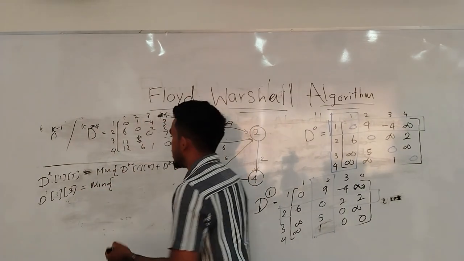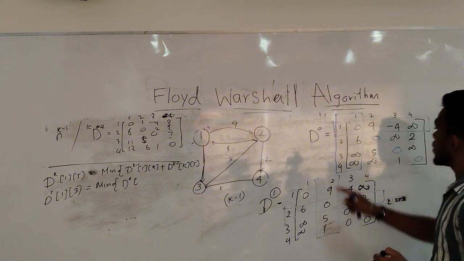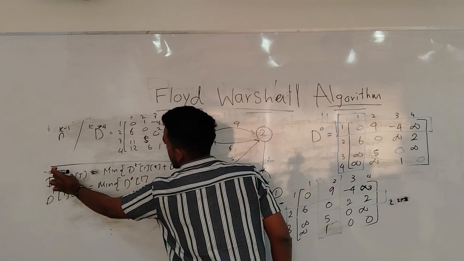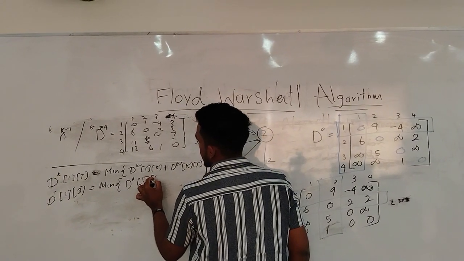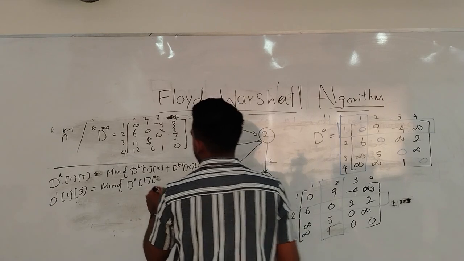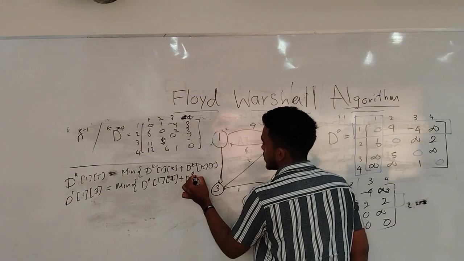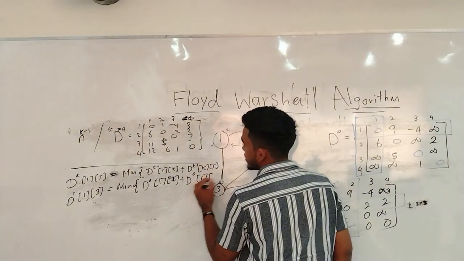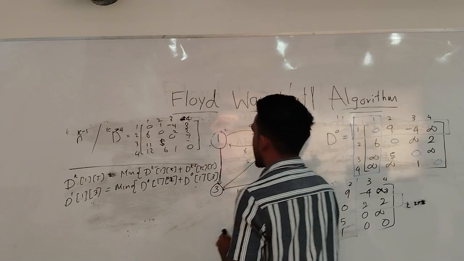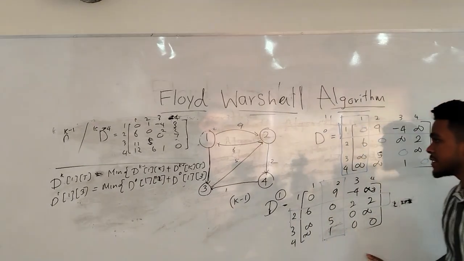If k is 1, d k minus 1 is d naught, i is 1, k is 1, plus d naught with k is 1, j is 3. So 1 to 1 and 1 to 3. So this is the formula for all these processes we have done here.